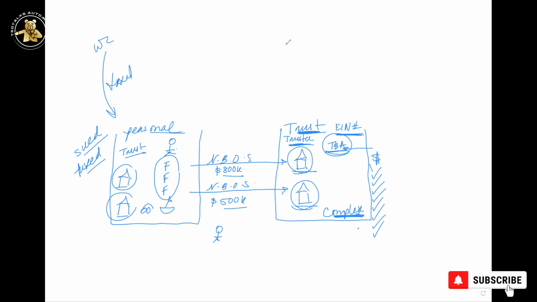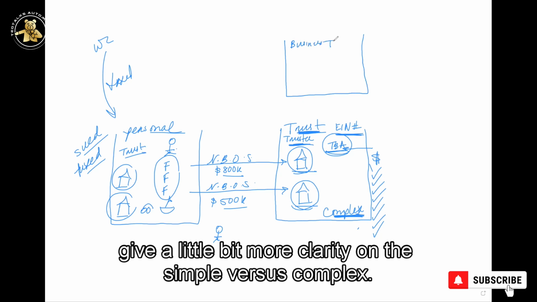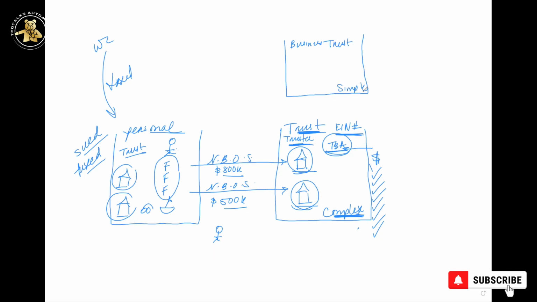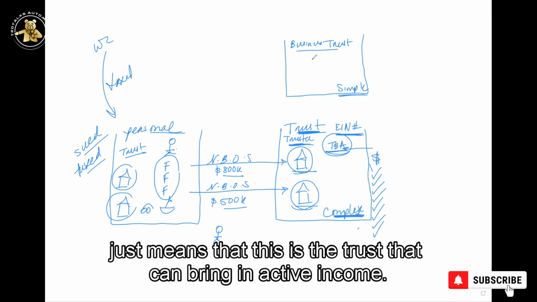I'll go through the dual trust structure, and give a little bit more clarity on the simple versus complex. We use the name business trust, which just means that this is the trust that can bring in active income.